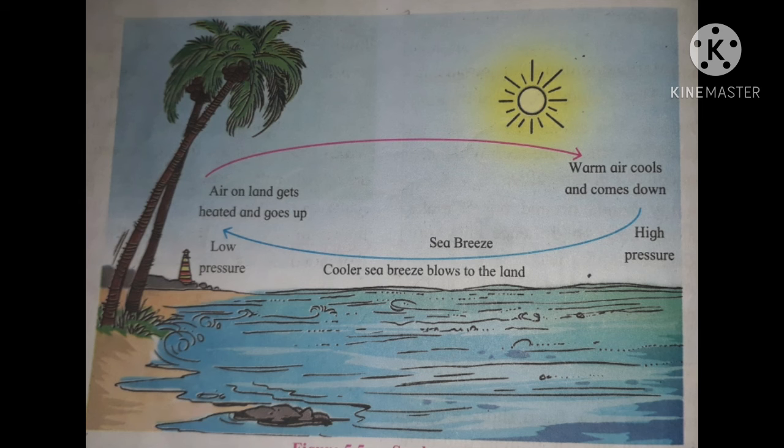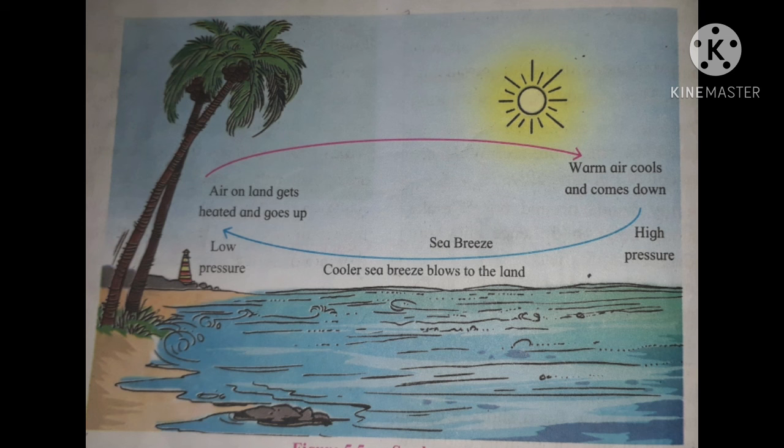Land and water get heated due to the sun's rays. Later, both land and water radiate the heat they have absorbed to the surroundings. Due to this, the air closer to the surface of land and water gets heated first. Later, the heat gets transferred vertically upward to the adjacent layers of air.